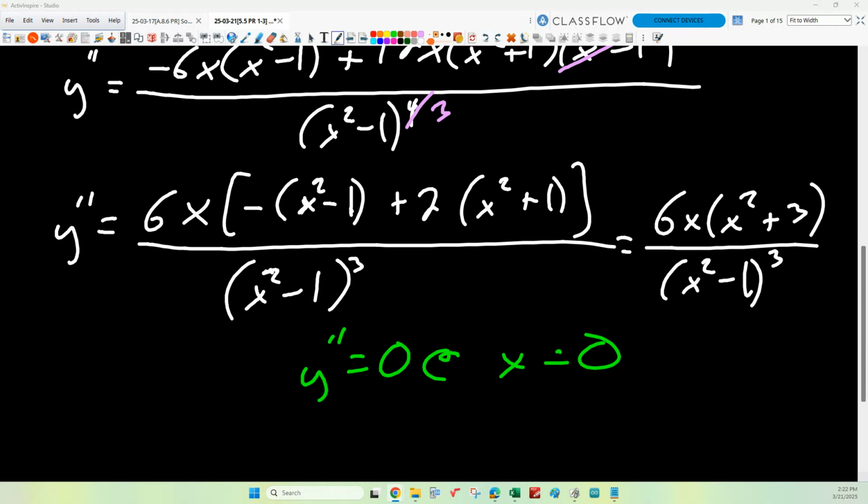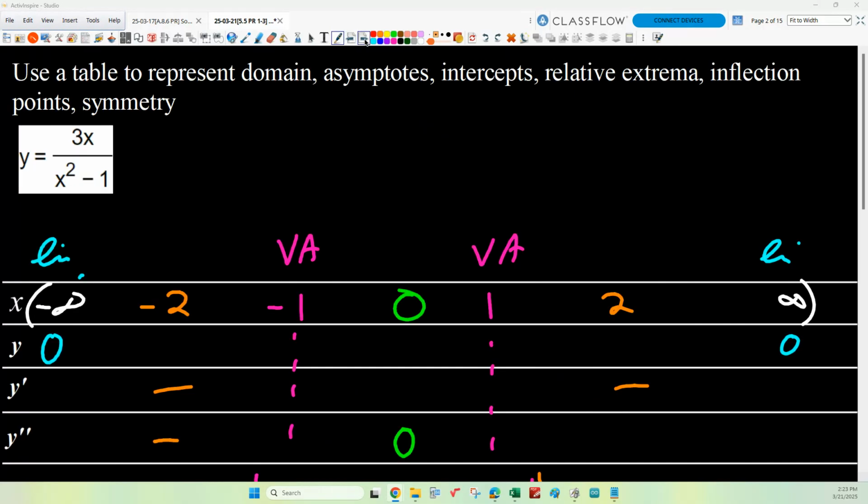Okay, now what are we going to do in the middle, that section between the vertical asymptotes? What are we going to do in there? Okay, think about that for just a quick second. Okay, so what's the verdict? What are you going to do? Yeah, so what values? 1/2 and negative 1/2? Okay.